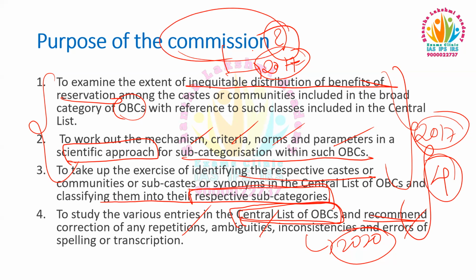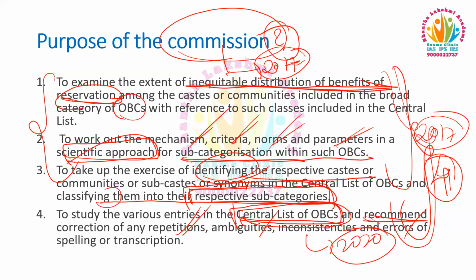What are those 4? To examine the extent of inequitable distribution of benefits of reservation, to work out the mechanism, criteria, norms, and parameters in a scientific approach for subcategorization, for identifying and classifying them into respective subcategories, and to recommend correction of any repetitions and errors in the central list. So these were the 4 provisions.